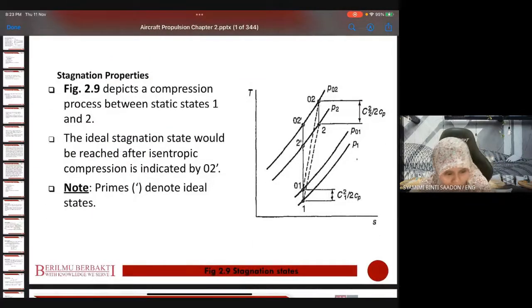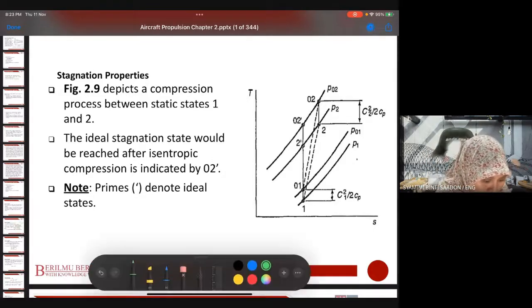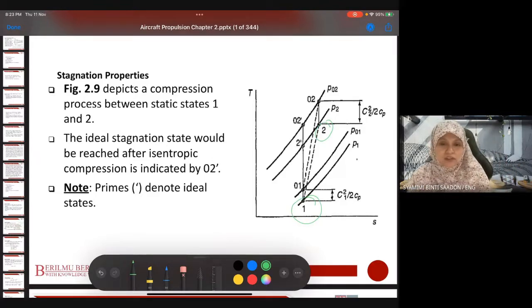Okay. So in TS diagram, what will happen in TS diagram? Just now we only see, for example, this is the TS diagram for compression process. Just now we only see from point 1 to point 2, static from 1 to 2.